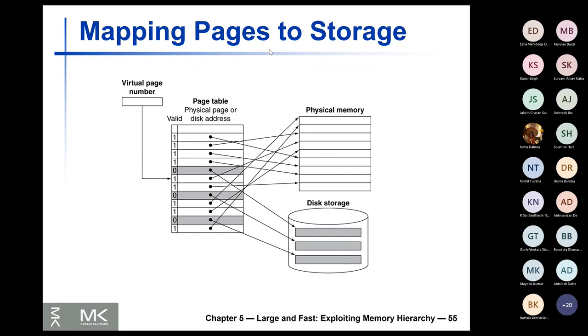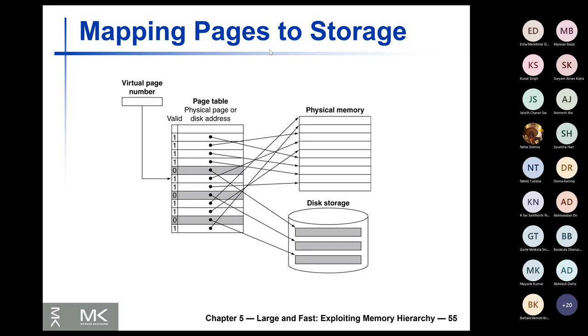What is the problem? Any process can have a virtual page number of 10,000. Okay, every process can have a virtual page number 10,000. That 10,000 doesn't mean anything physically. It is just an illusion to that process and the user using that process.